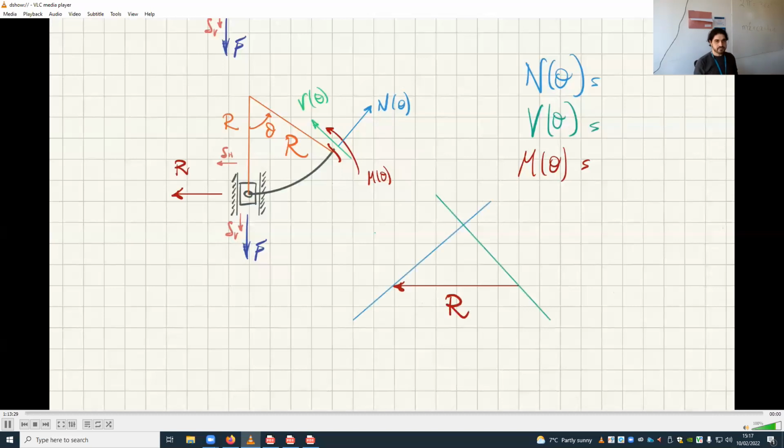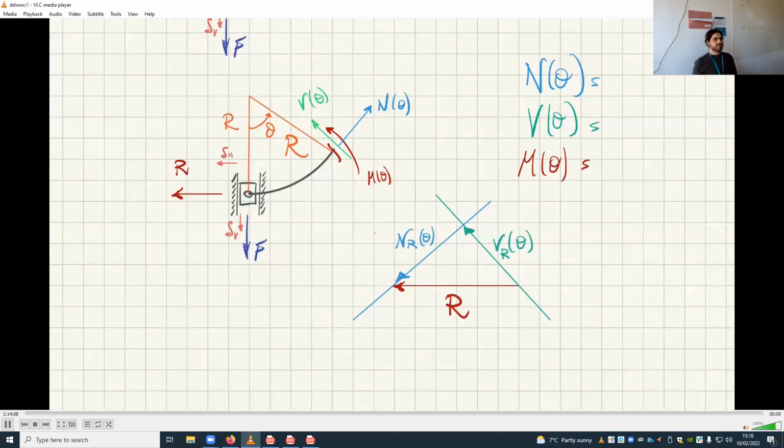Now, I want the N and V components that are balancing R. This is the V component, V_R of theta. I'm saying V_R because that's not the entire V, because the entire V will have a component that is balancing R and a component that is balancing F. And this one is N_R of theta.